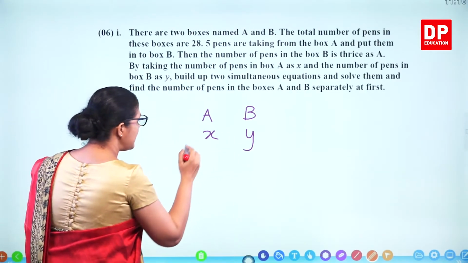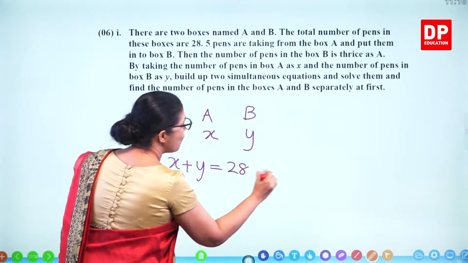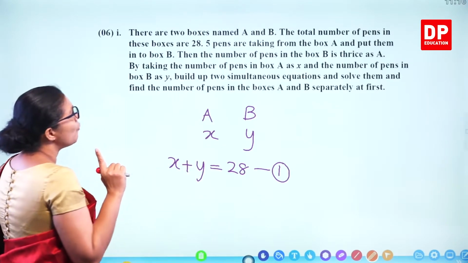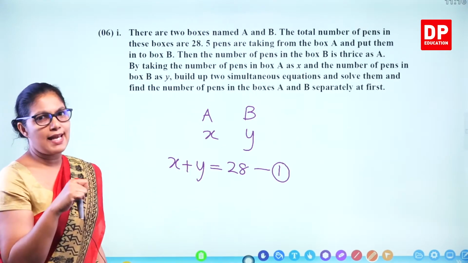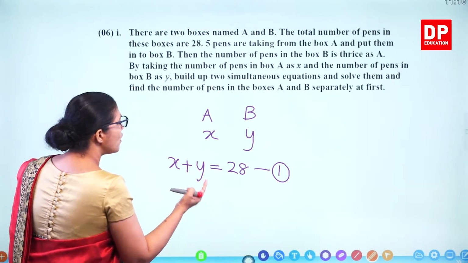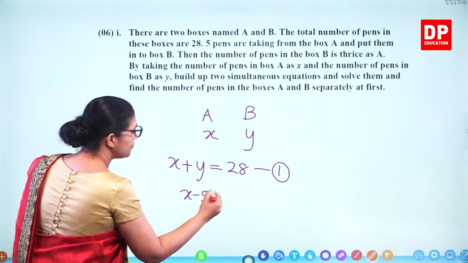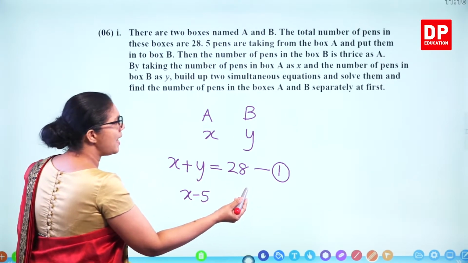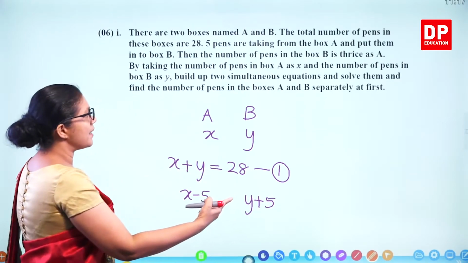So total means x plus y equals 28. That's your first equation. What's the second equation? 5 pens are taken from box A. So what's the remaining amount of pens? x minus 5. Then what's the amount in B? y plus 5. Adding 5 to that.